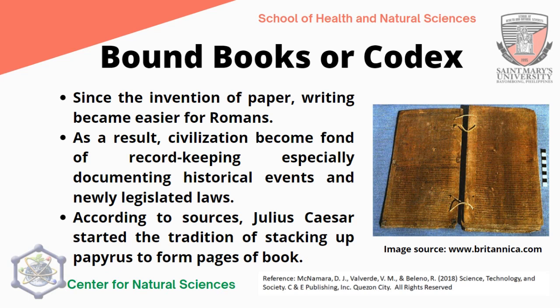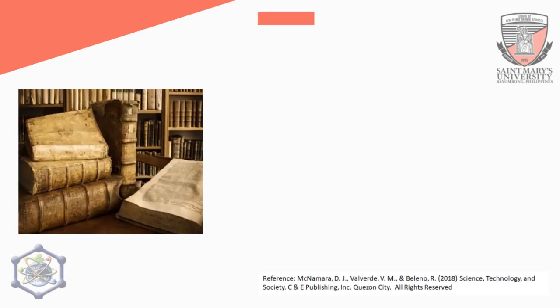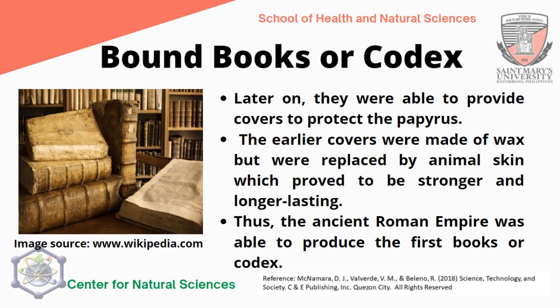So upon the introduction of paper, people became fond of writing, and as a process of documentation, of preserving those notes, they used methods of piling or stacking it to form pages of book. Later on, they were able to provide covers to protect the papyrus.